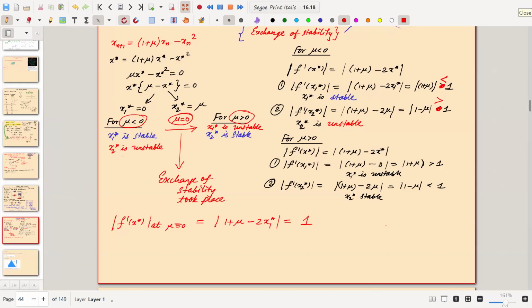When you take x1 star, it is 0 and it is 1. Even if you take x2 star, at mu equal to 0, it is still 0 and it is 1. Right? So the derivative crosses 1. This implies a bifurcation takes place at mu equal to 0. And since exchange of stability has taken place when mu equal to 0, this is known as a transcritical bifurcation.